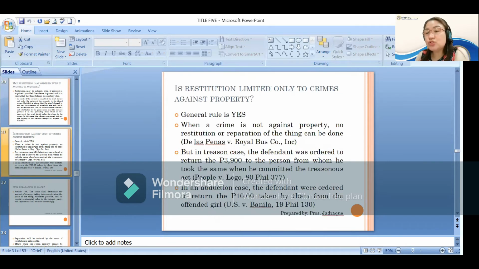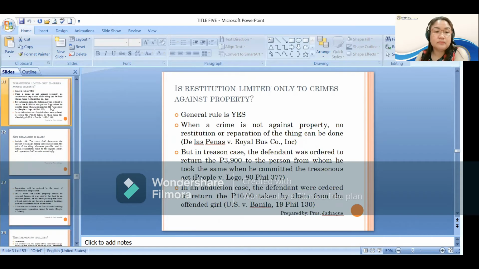Is restitution limited only to crimes against property? The general rule, yes. It is limited to crimes against property because remember, in restitution, you have to return the very thing itself, subject of the unlawful taking. So presumably, it refers to crimes against property.